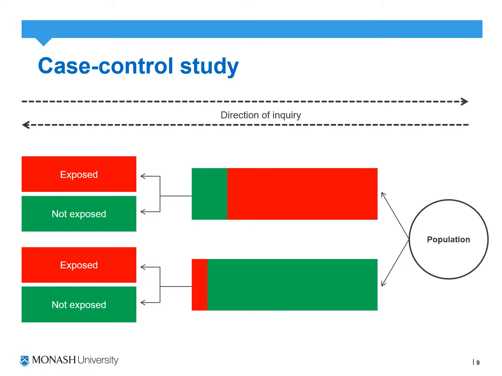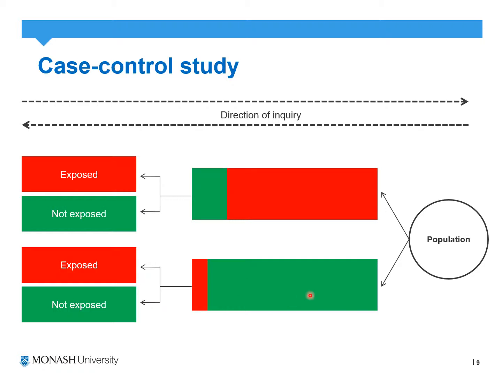So by conducting interviews, surveys, etc., we might identify that the majority of those who did get screened for colorectal cancer did take up the opportunity to use the FOBT or fecal occult blood test that's posted to people aged over 50 years of age in Australia.